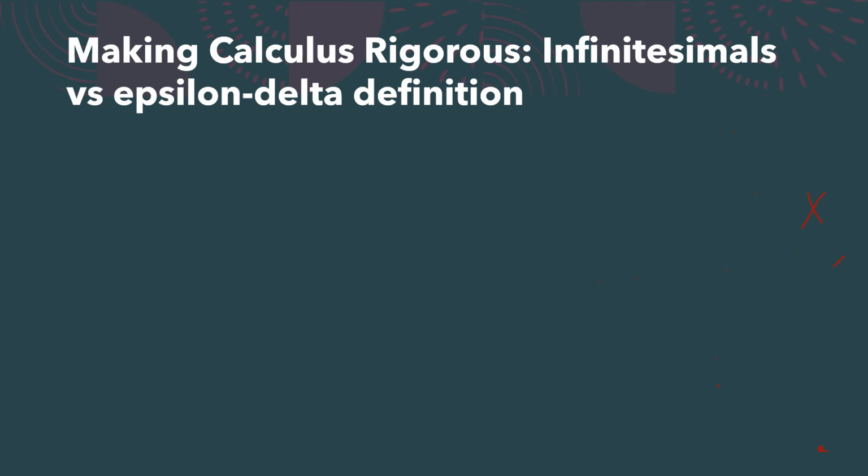Instead, what we're going to do is come up with this idea of the limit definition, the epsilon delta definition, which just says that now, instead of it being infinitely small, it just becomes as small as you want it to be, for whatever it is you're trying to do.